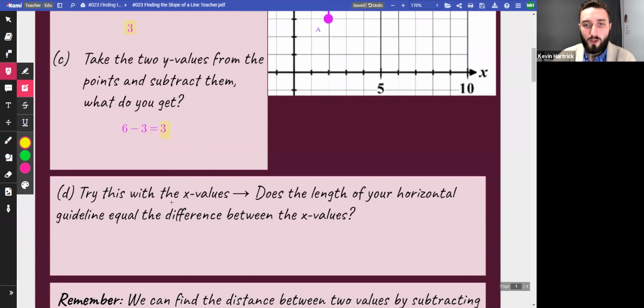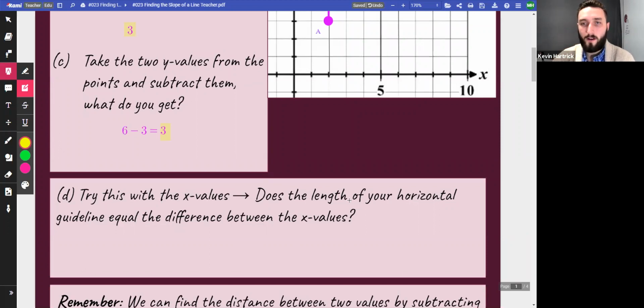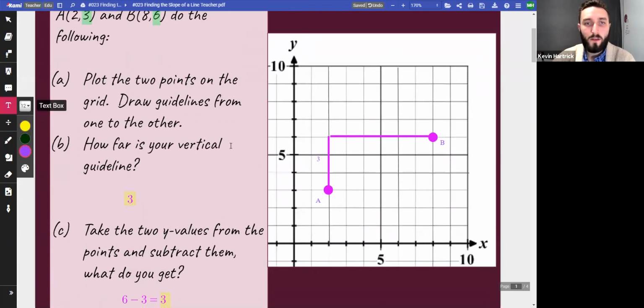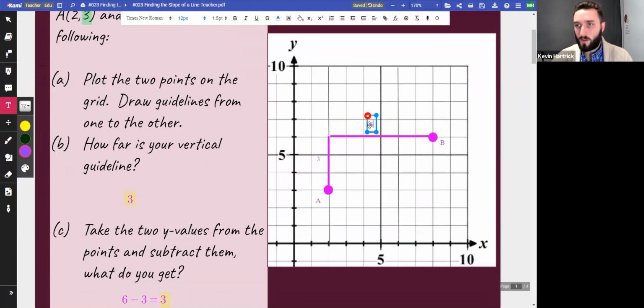Okay. Try this with the x values. Does the length of your horizontal guideline equal the difference of the x values? Well, let's check. Our horizontal is this one right here. Okay, so we need to figure out how many boxes this is. Let's see. 1, 2, 3, 4, 5, and 6. So that's a 6. Let's label it.